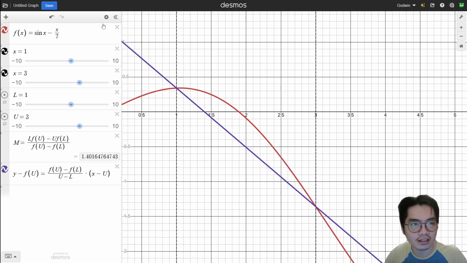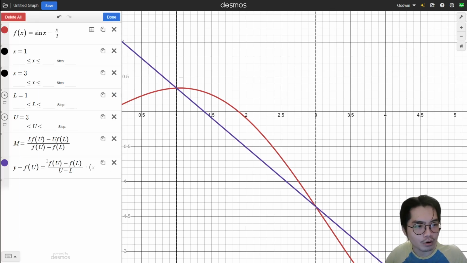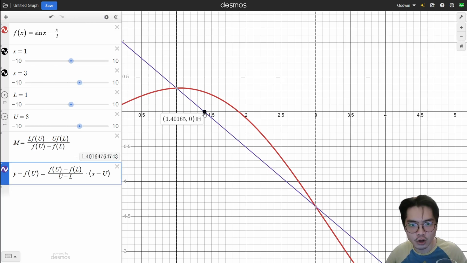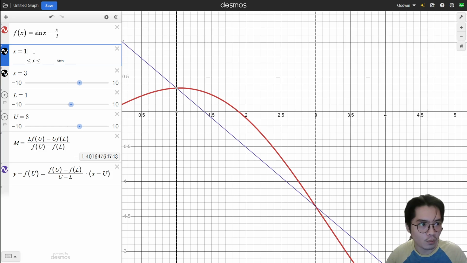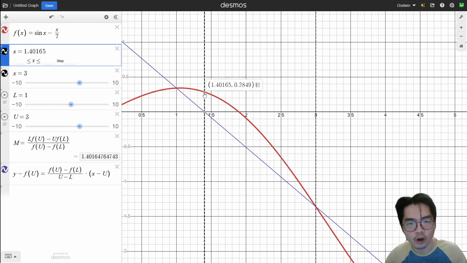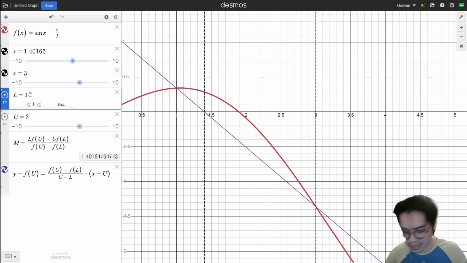Okay, let's look at the true power of your regular falsi. Let's have this line, and note that the line is now here, right? So 1.40165.